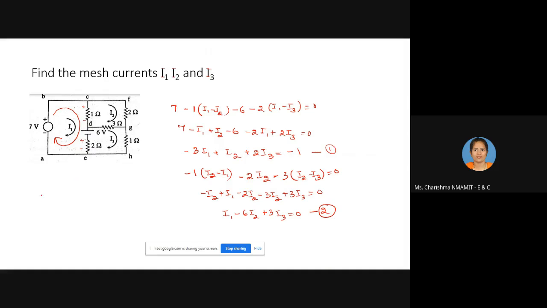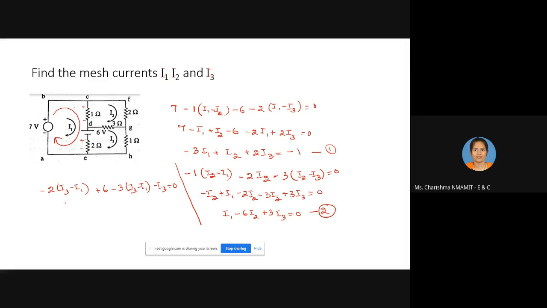when you are writing it, minus 2 into I3 minus I1, minus 2 plus 6 plus 2 minus 3 into I3 minus I2, minus 1 into I3 equal to 0.